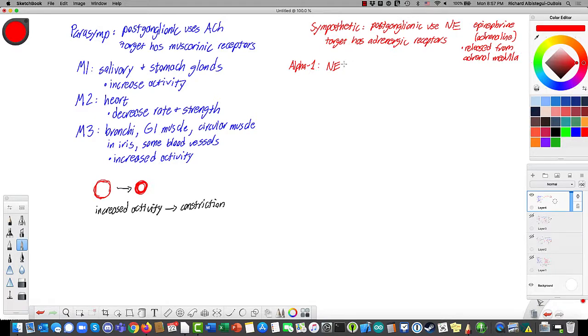So for alpha-1 receptors, norepinephrine works better on them than epinephrine. These are found mostly on the radial muscles of the iris, they're also found in the walls of many blood vessels.